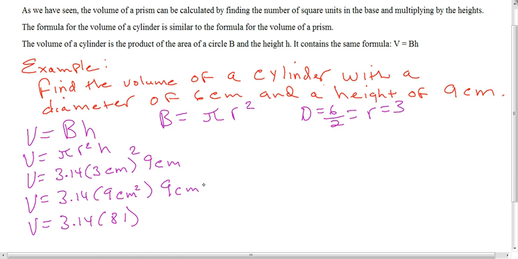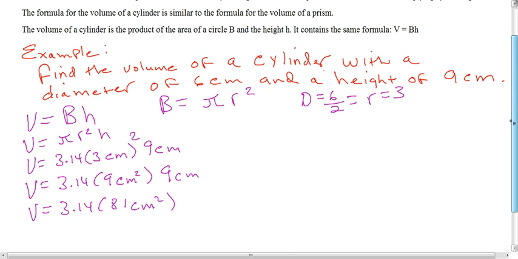Okay, so now we can multiply and we can get our 81 centimeters cubed, and then that's times 3.14, and V is going to equal 254.34 centimeters cubed. I did say square up there, but that's actually cubed.